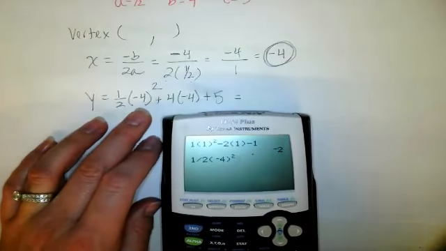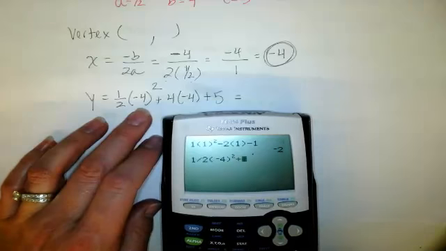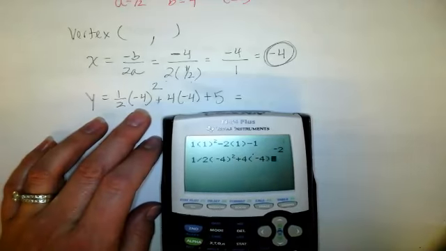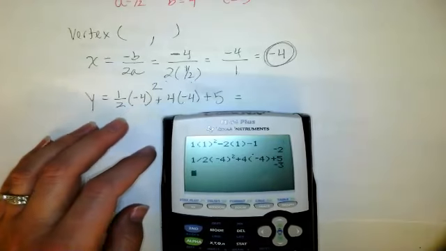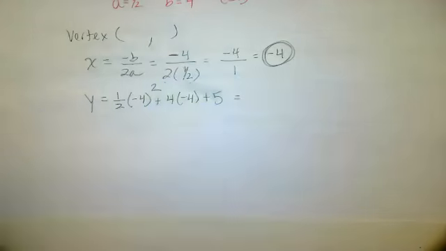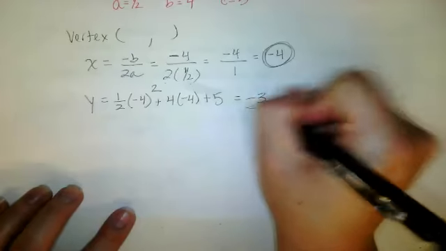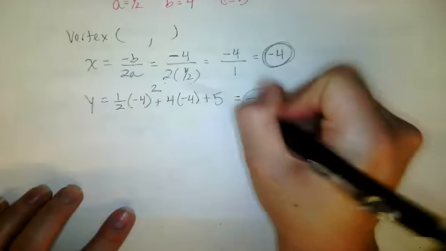Again, be careful with parentheses. Make sure you take the time. It's worth it to plug it in correctly the first time. Plus 5. So I'm using parentheses, and I get -3. So there's our x at -4 and our y value at -3.